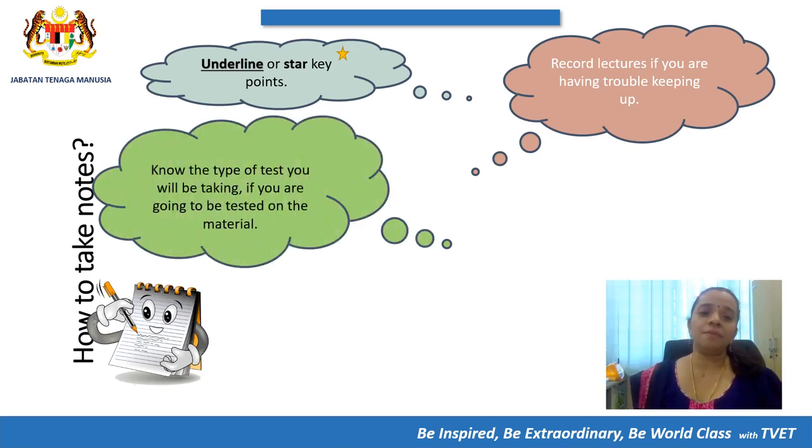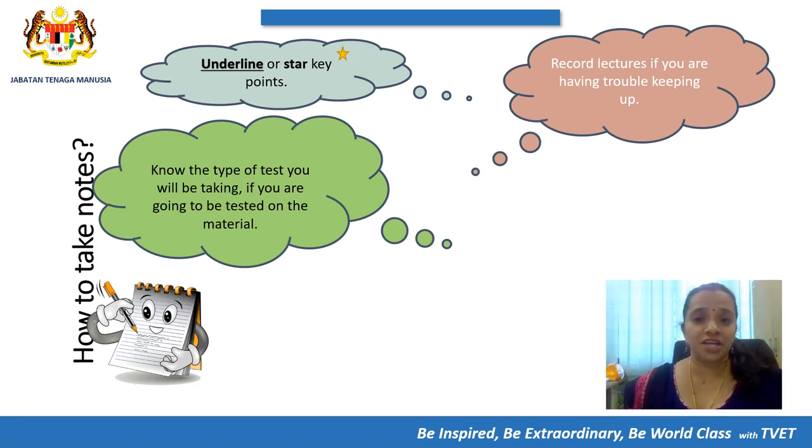Next, know the type of test you will be taking. You are going to be tested on the material, so this is a very important thing. While you are taking your notes, you should know what kind of test you're going to sit for that particular subject, whether it's objective or subjective, or a yes or no question, and how the questions are going to be set. For example, if it is a subjective question, it means you have to gather a lot of information and research on particular topics to be in your notes.